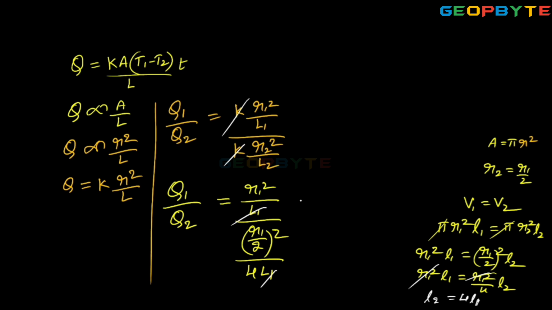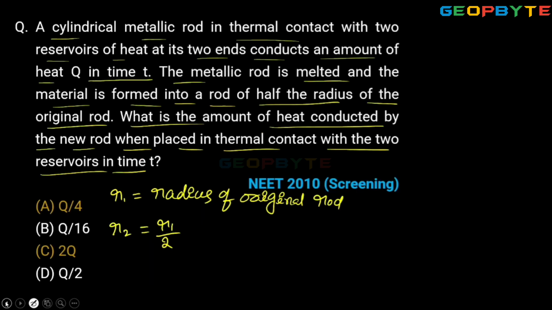Finally, 4 goes up. It is equal to 4 into R1 square by R1 square by 4. R1 square is cancelled. 4 into 4 is equal to 16. So I got Q1 by Q2 equal to 16.